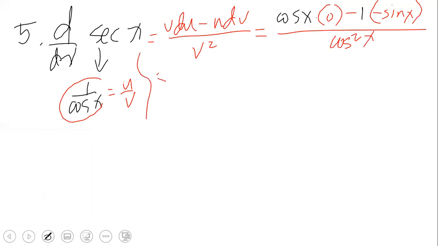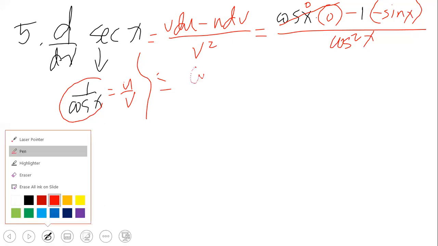So rewrite natin. We also have in the form cosine times 0 is 0 na yan. So 0 po yan. Minus negative 1 times negative sine. That will be cosine. We have cosine.